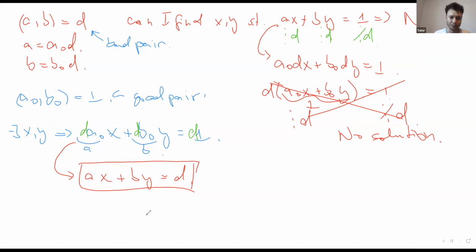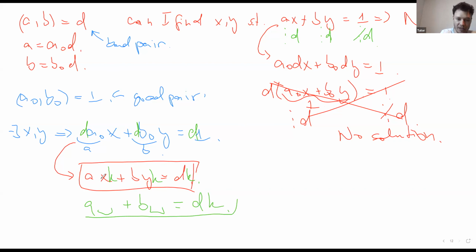So this is the smallest thing you can get. Now let's say I multiply this by any number k. If I multiply these by any number k, I see that A times something plus B times something is always going to be Dk.